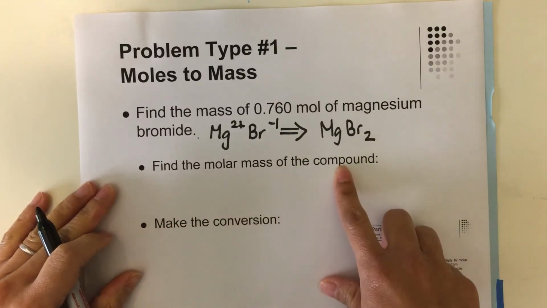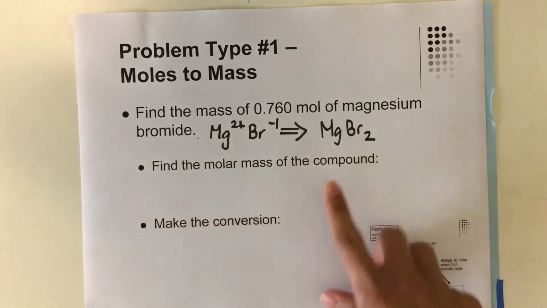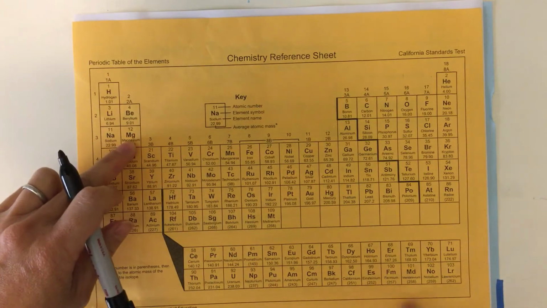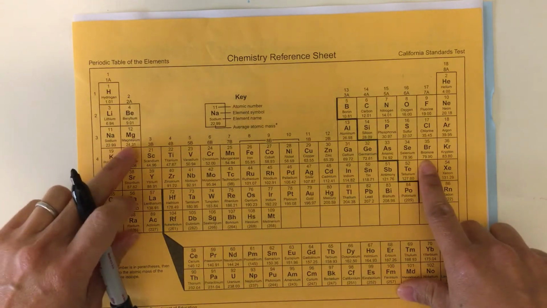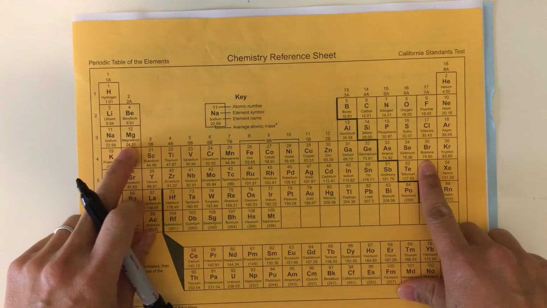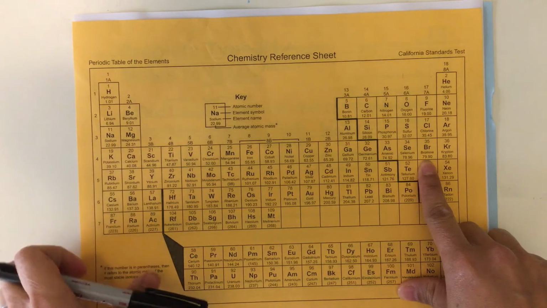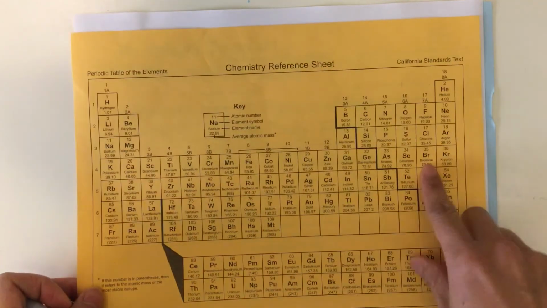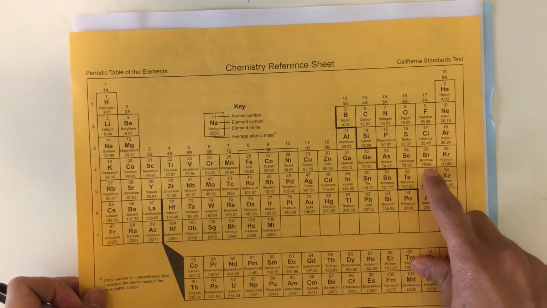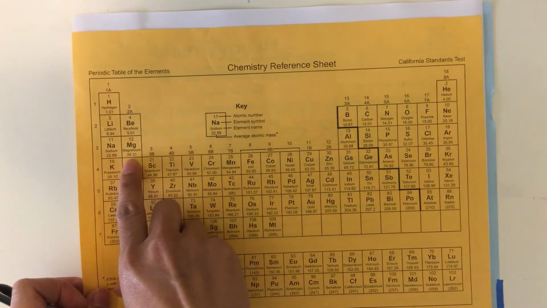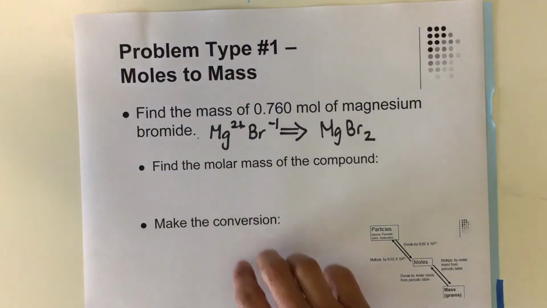To find the molar mass of this compound, we'll need the periodic table. So taking the periodic table, we'll find magnesium and we'll find bromine here. We add up all the masses of a mole of each of those atoms. There's 2 moles of bromine, so we're going to double this, and then there's 1 mole of magnesium.